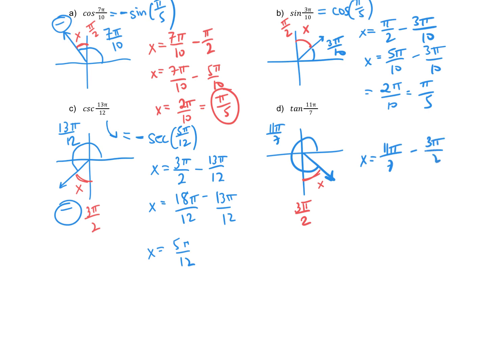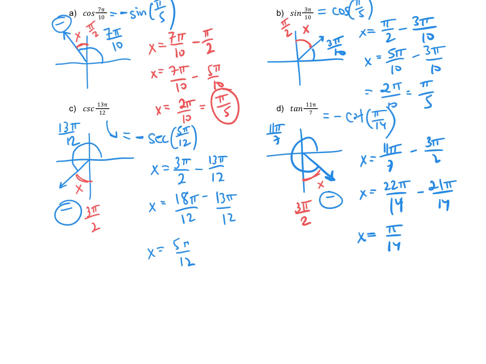And now, once again, common denominator. So times 2 and times 7. And x is equal to pi over 14. And in quadrant 4, tan is negative. So tan of 11 pi over 7 is equivalent to negative cotangent of pi over 14.